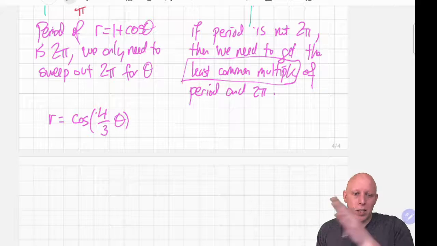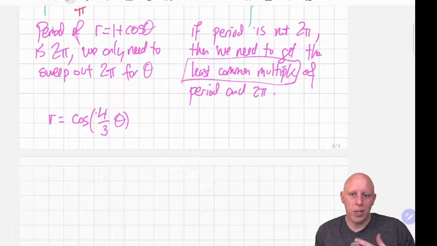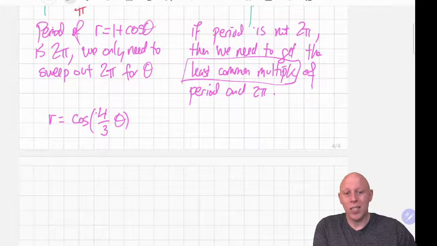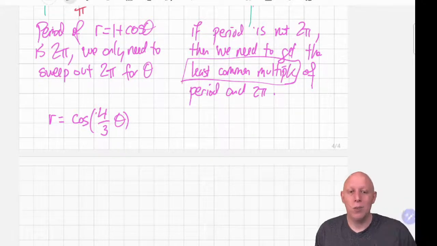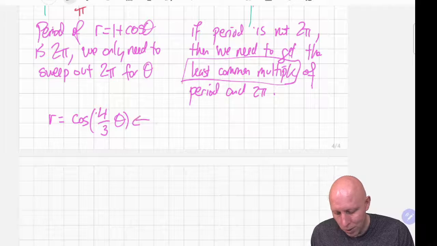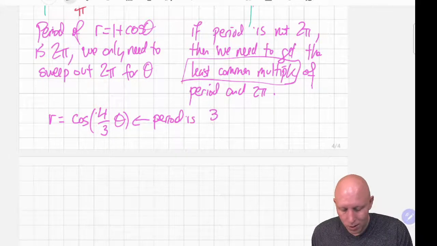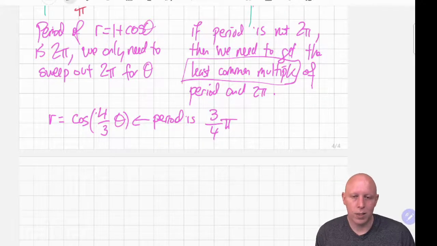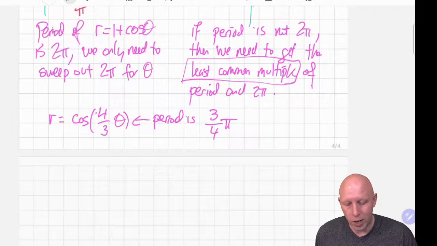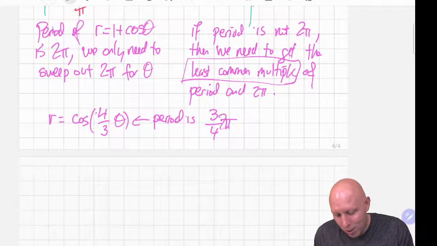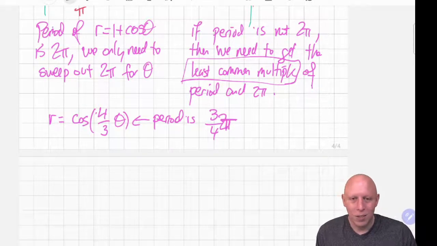Normally cosine has a period of 2 pi, but because we multiplied the theta by 4/3, it's going to get to that period 4/3 as fast. So the period here is 3/4 of 2 pi.